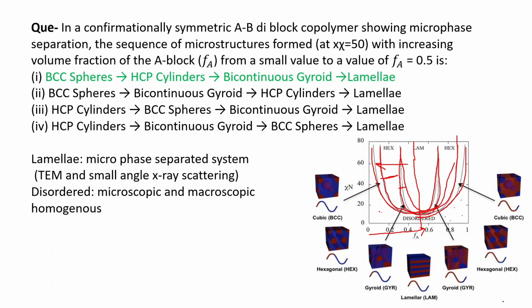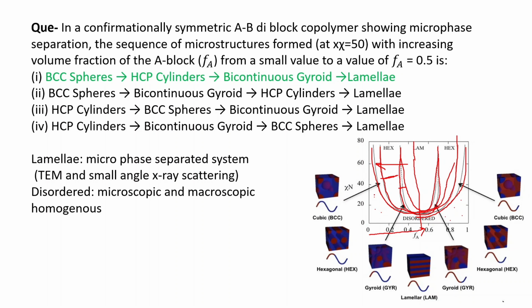So what is happening at the lamella? There is a complete microphase separated system, where we get the A polymer, and then the B polymer layer, and then the A polymer layer again, then the B polymer layer.